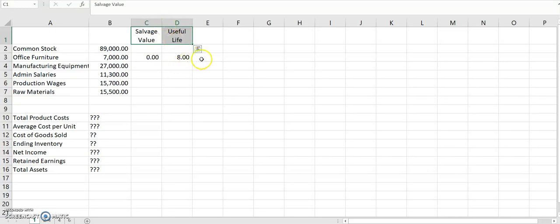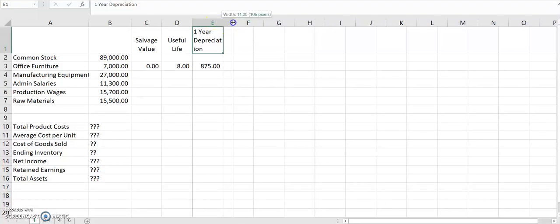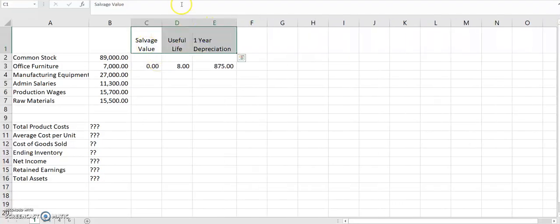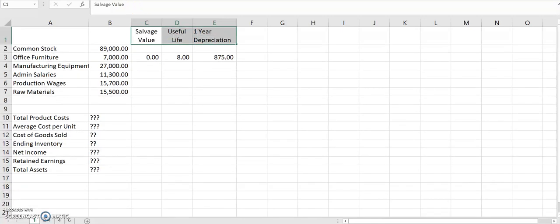So its straight line depreciation is going to be the cost of the item minus its salvage value, divided by its useful life. So 1 year depreciation for our office furniture is going to be $875. Very good. Hopefully just knocking off some dust from survey of accounting.